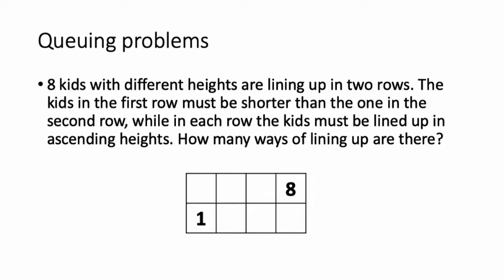For the kids from 2 to 7, we can't just put them in there without any logic behind it. So the simplest way for us to put 2 to 7 is to put them in order. We'll first consider where we can put 2, and then consider where we'll put 3, and so on. The place we can put 2 is either the red star here or the black star there.